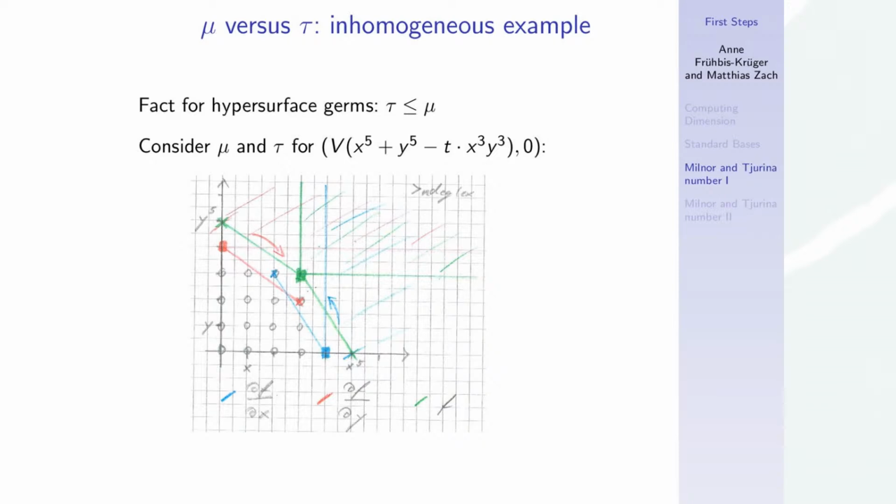We do the same with y to the 4th, and in our case there will be a monomial remaining at x cubed y cubed, which then cuts out another quadrant here starting at x3 y3, and we only have a Tjurina number of 15 because we lost another monomial.